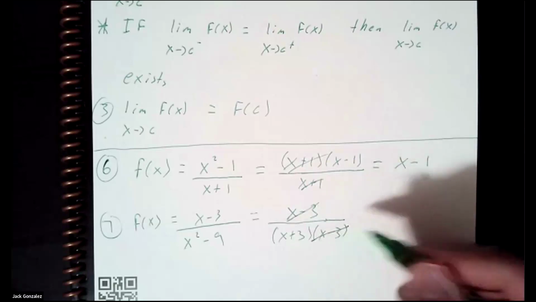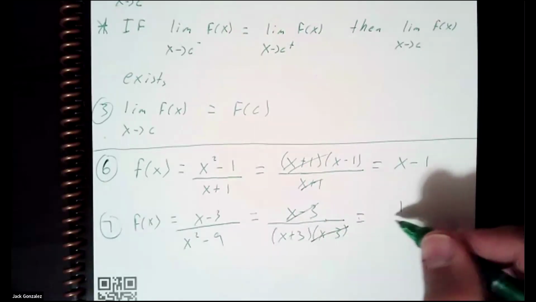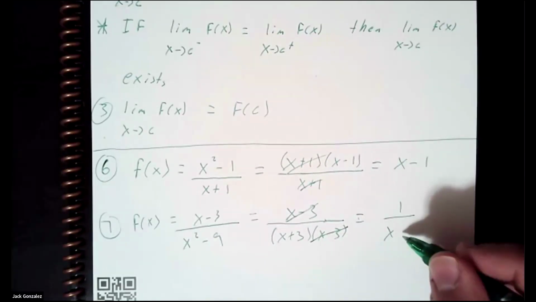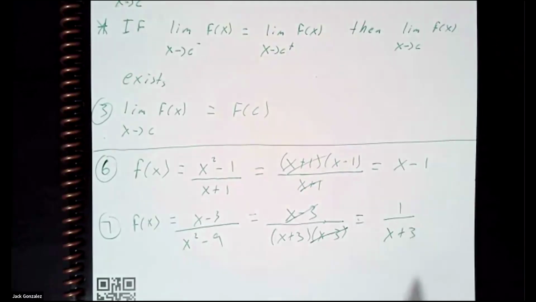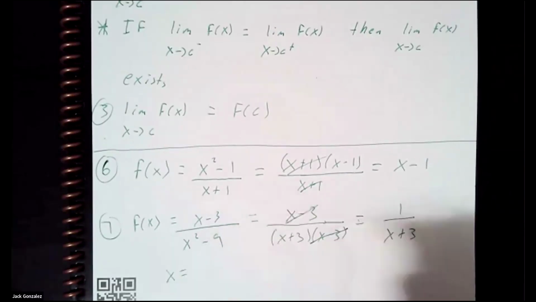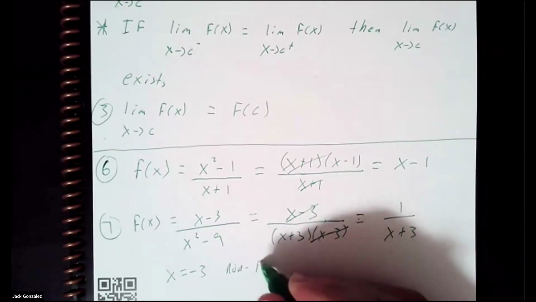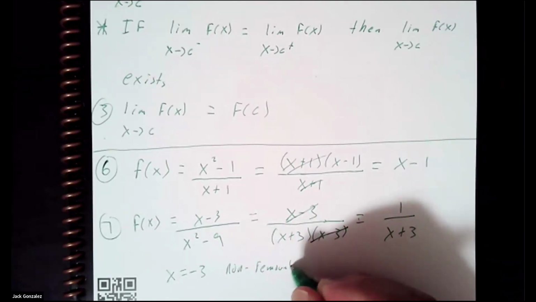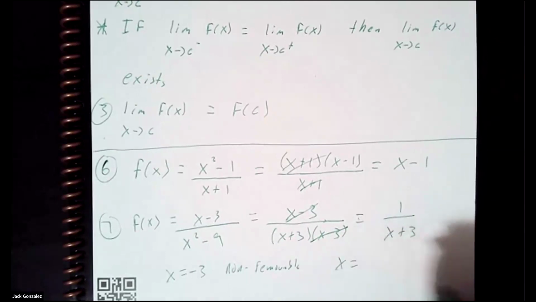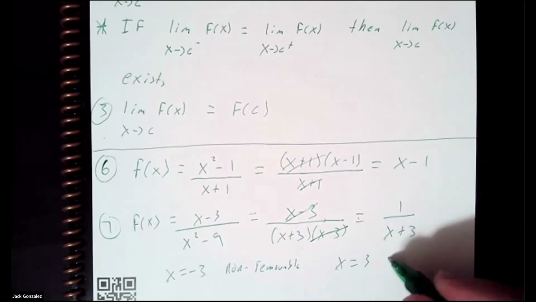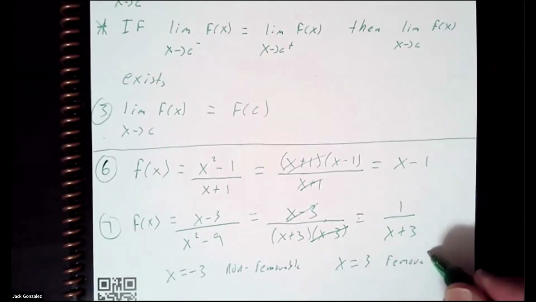But one of them cancels, so we consider that one to be removable. But since this one's not going anywhere, right? x equal to -3 is non-removable. x equal to 3 is removable because it canceled.